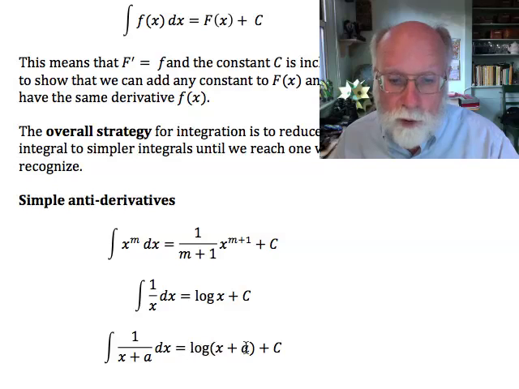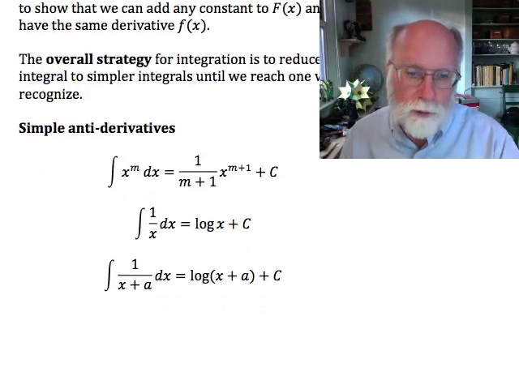So the derivative of log of x plus a plus a constant is 1 over x plus a. And so if you recognize that as being how you integrate 1 over x plus a constant, that will save you time when you're doing more complicated integrals.